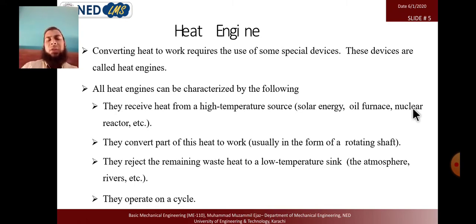All these kinds of energy sources require some reaction, but as a result of the reaction, they produce a vast amount of energy. For example, in an oil furnace we have combustion, and due to the combustion of oil, natural gas or coal, a vast amount of energy is produced in terms of heat and temperature.